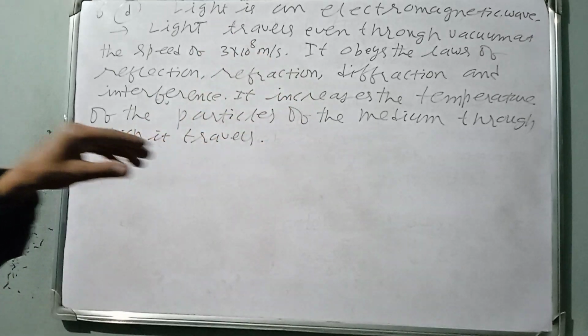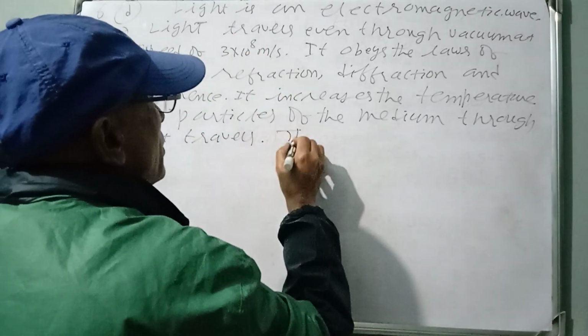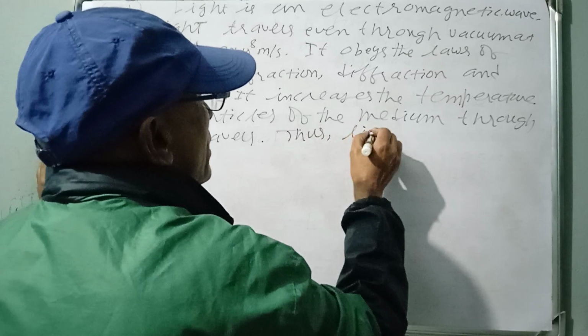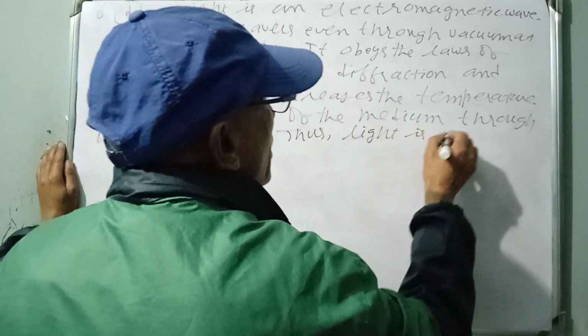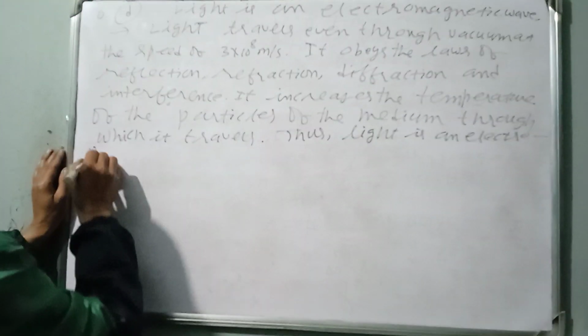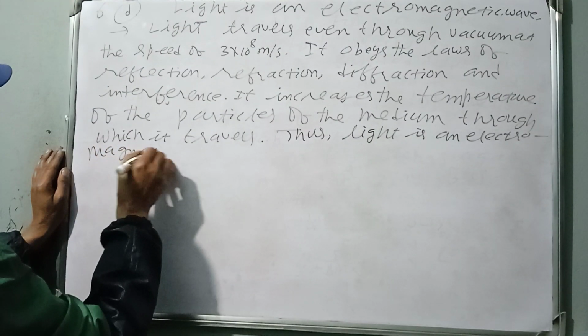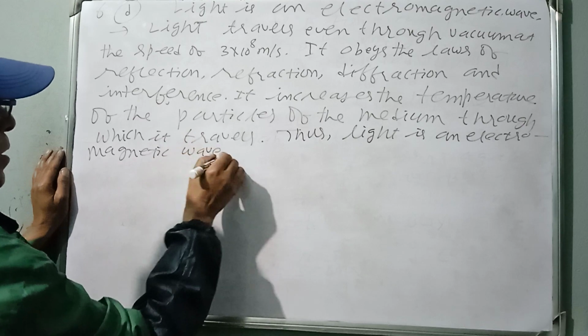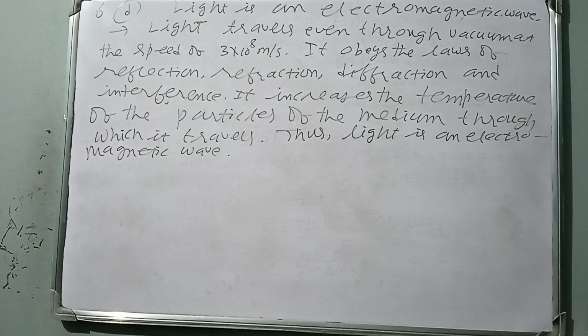In this way, light is an electromagnetic wave. Light is an electromagnetic wave.